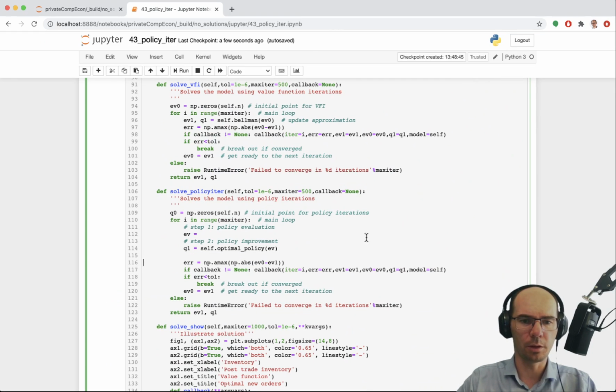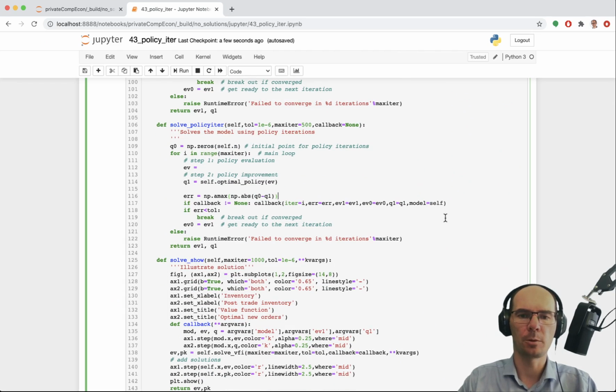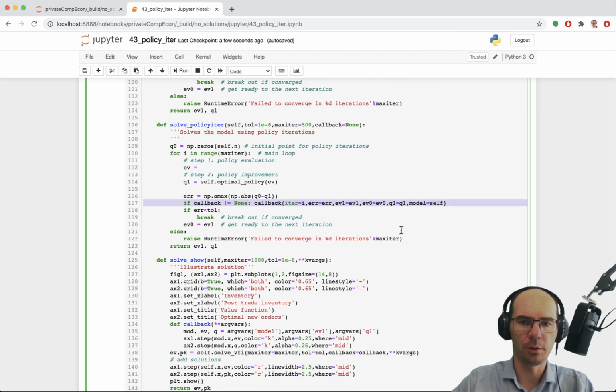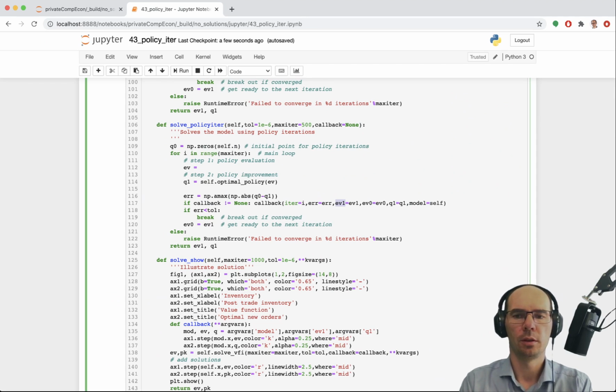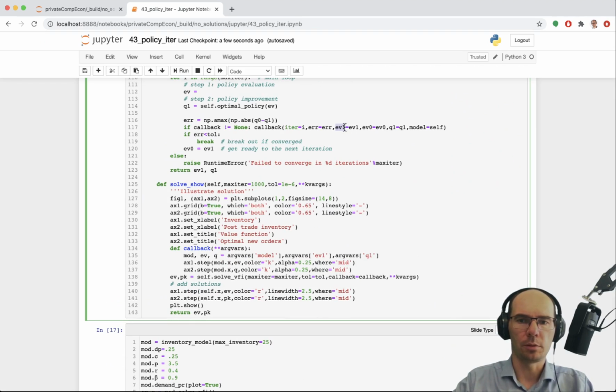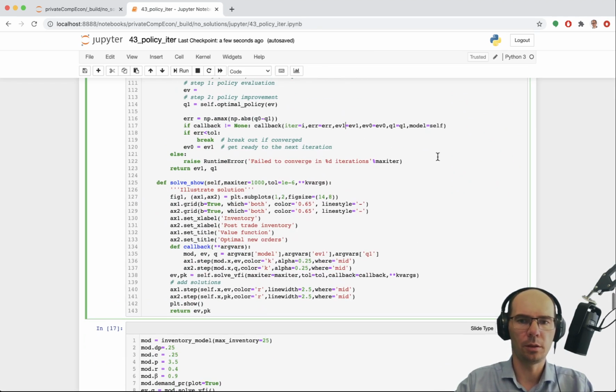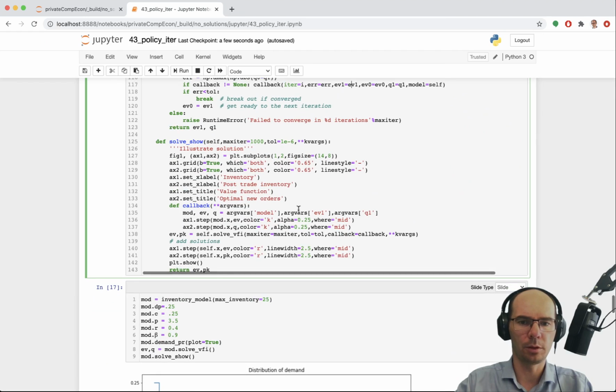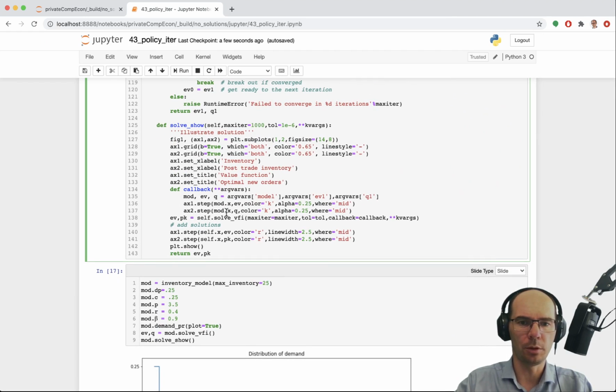And then we will calculate the error as the maximum error between Q0 and Q1. So we want to converge in policy space. We want value function EV1 and EV0. Well, these are not updated, so there will be only one EV. And when we are plotting, which one are we plotting?